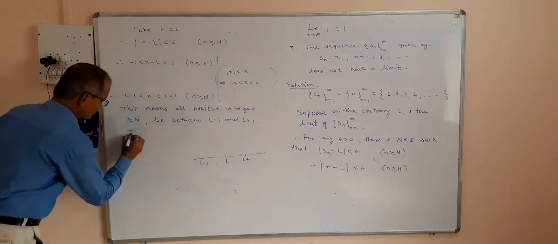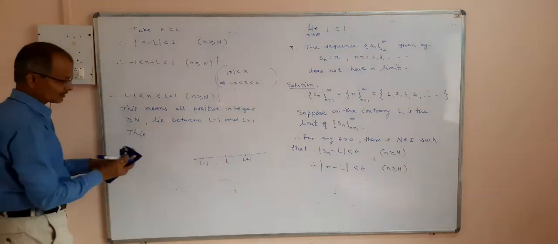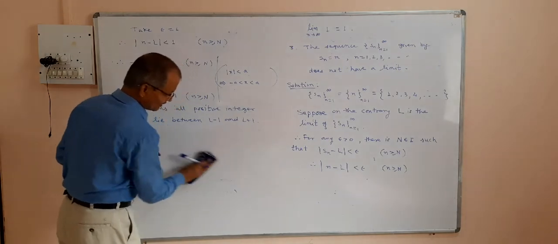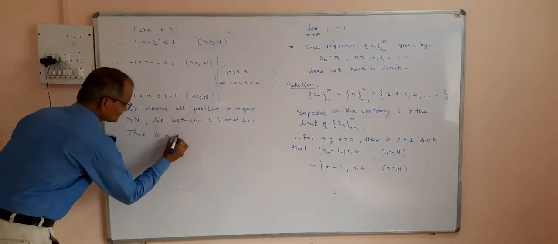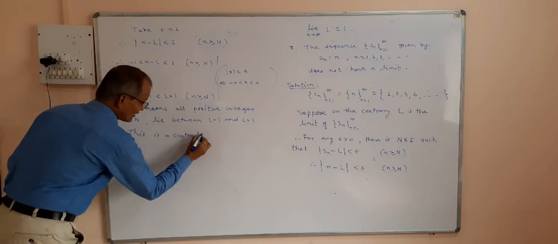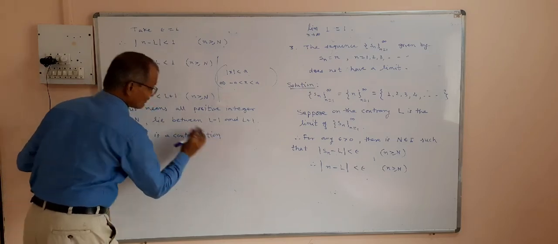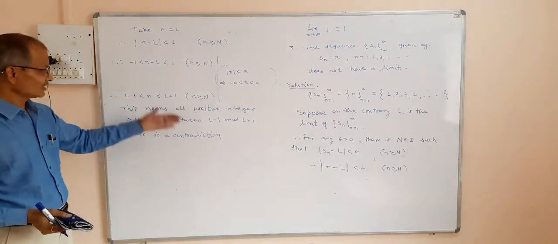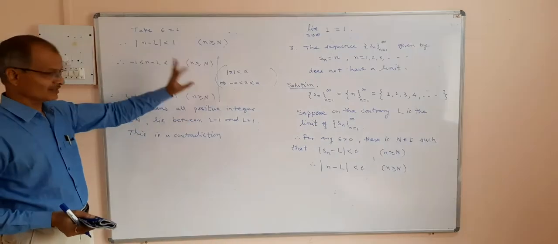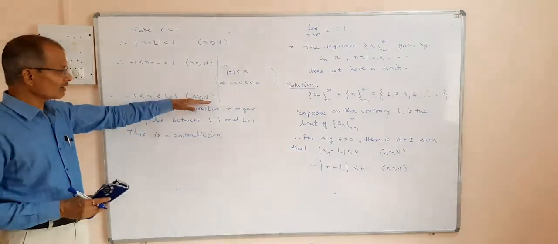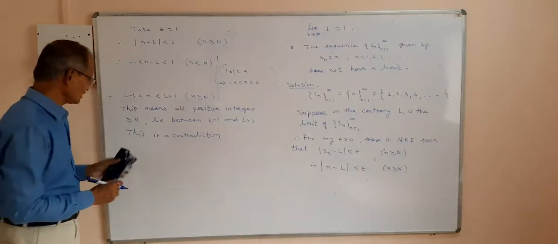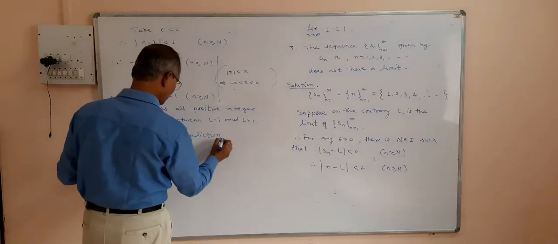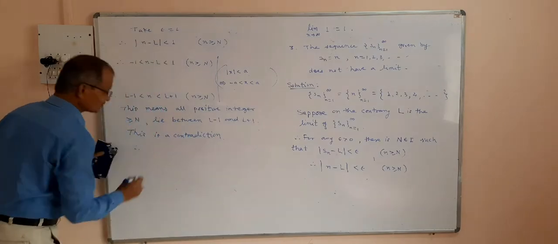This is a contradiction because an infinite number of integers will not lie within a finite range. You verify this. Why is this a contradiction? We have considered L as any number and N as any number. Greater than or equal to capital N means there are infinitely many numbers, and this gives a contradiction. This is a contradiction, and therefore our assumption is wrong.